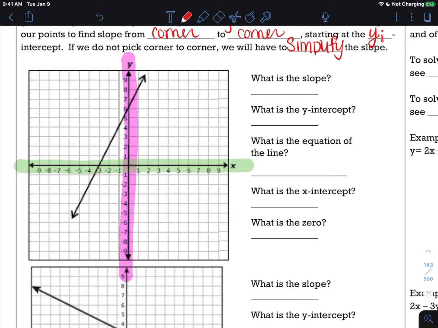If I first talk about my domain, it looks like maybe -6, but that arrow tells me negative infinity. And it looks like +2, but that arrow tells me positive infinity for my domain. So that's all real numbers. And then my range, it looks like also a -6, but that's an arrow, so negative infinity. And at the top, it looks like almost 10, but that's also an arrow. So all real numbers, every single number.